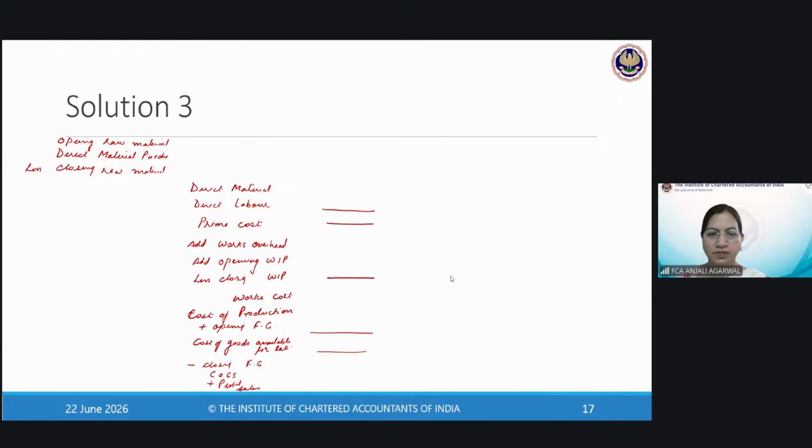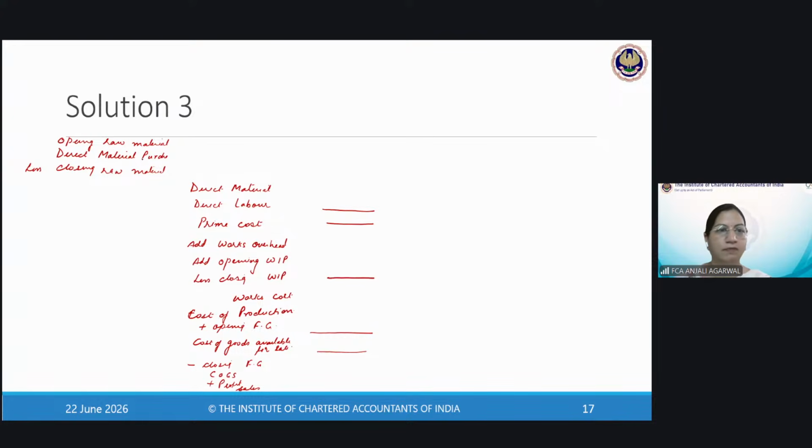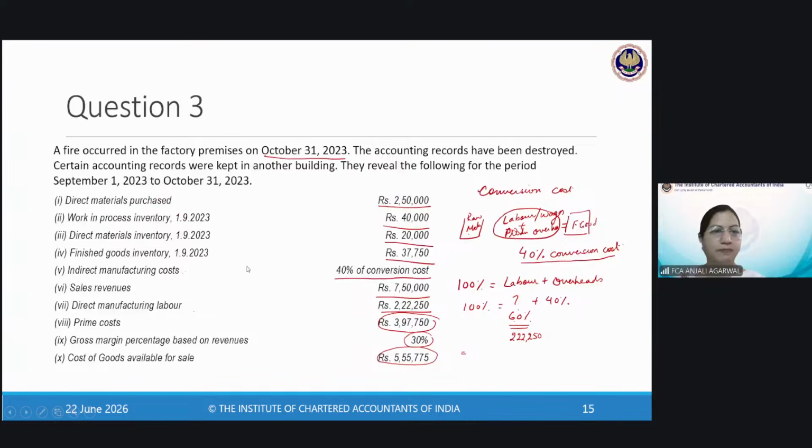So in our information, for sure, we are trying to figure out, this is missing, this is missing, and this is missing, right? But we have some figures intermittently. Let's put them.